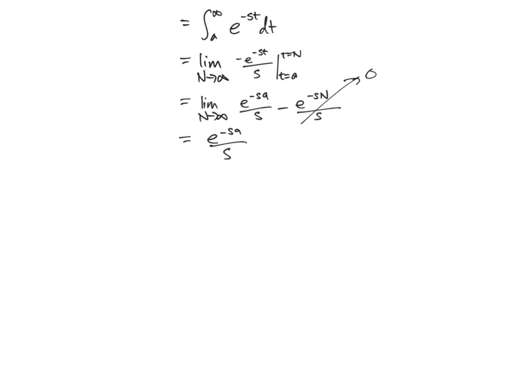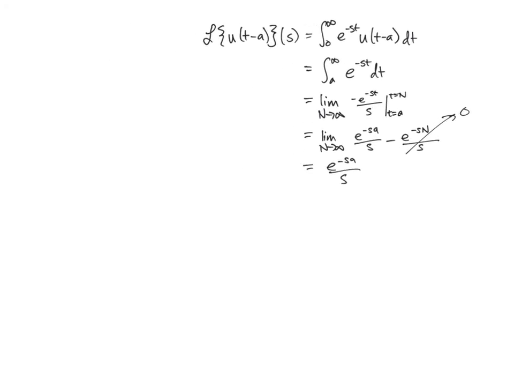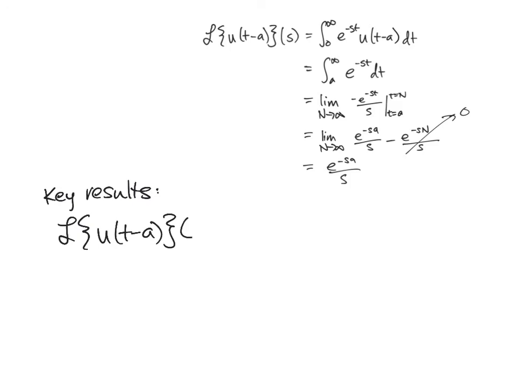So what is the result that we've just found here? Let's rewrite it over here. The key result: the Laplace transform of our unit step function is e to the negative sa over s.